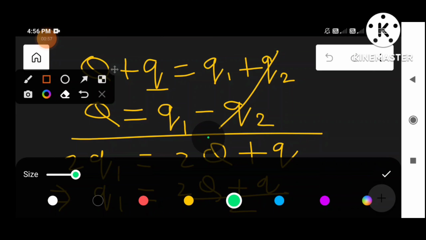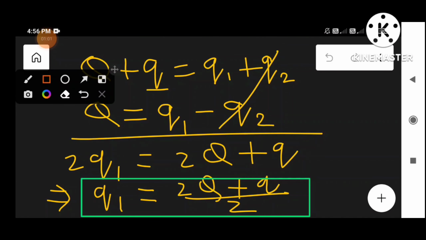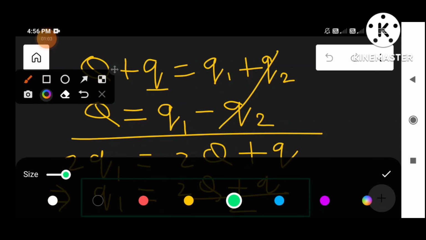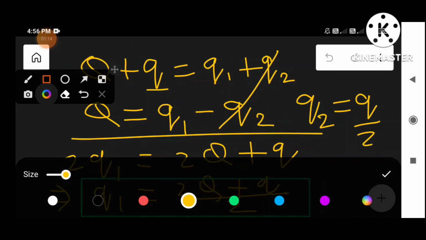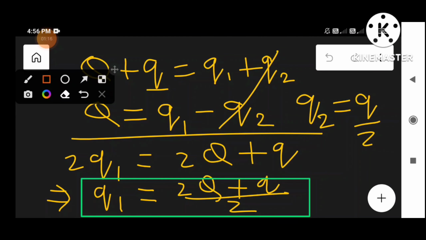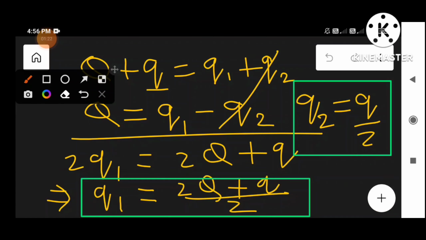Yeah, this is one expression, and the other expression, which is the charge on plate gamma, q2, is this much. These are the magnitudes, and as you know, if we assign signs to them, then q1 is positive, q2 is negative in our computation.